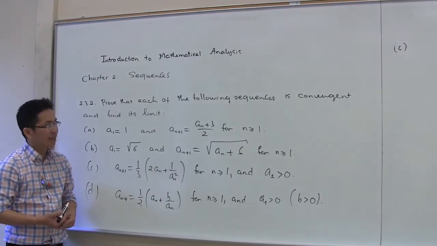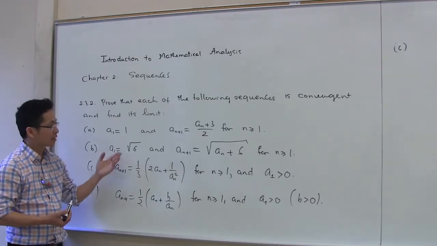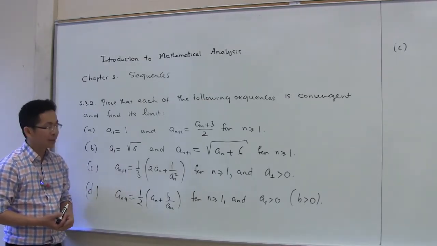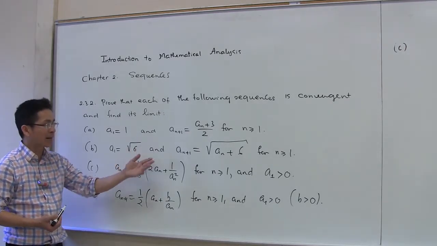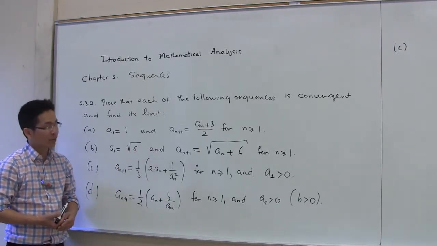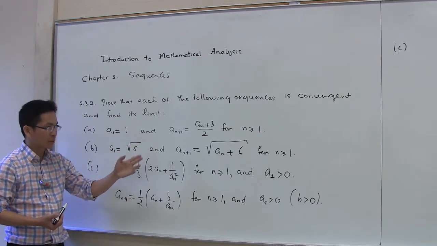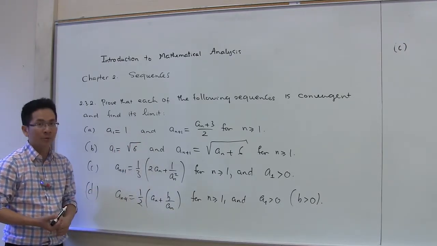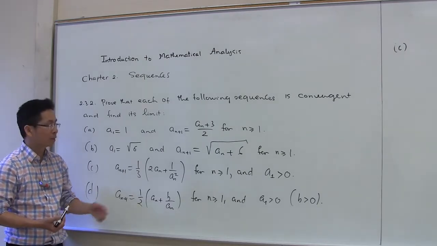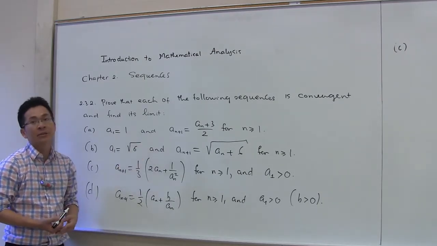The solution for the second part is very similar. We can show that the sequence an is strictly increasing and also bounded above by 3. And then we can apply the monotone convergence theorem to conclude that the limit of an as n approaches infinity exists as a real number, and the limit is actually 3.